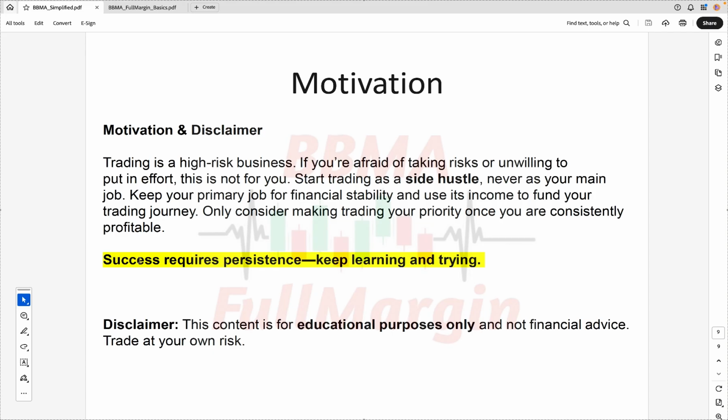So think wisely. Success requires persistence. Keep learning and trying. And disclaimer: I'm just providing this knowledge for educational purposes only and not as financial advice. Take your trades at your own risk and happy trading.